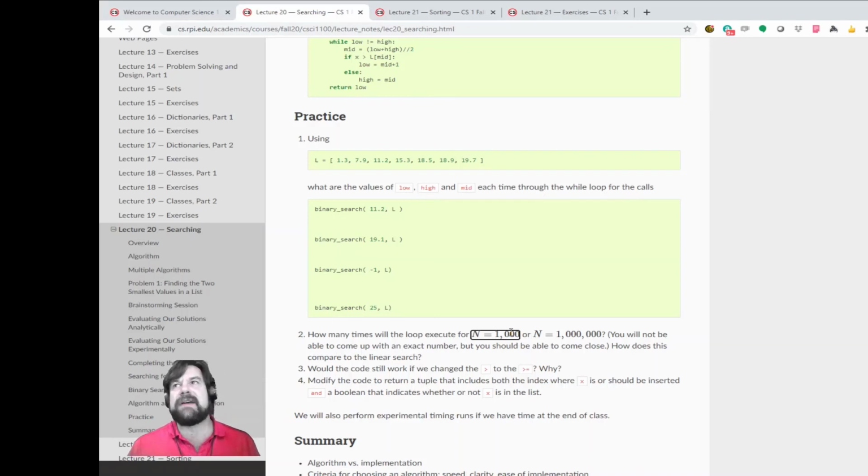If you're making a lot of queries into a list to find out if people are there, binary search is much more efficient. So if you're making on the order of n queries, and a linear search takes order of n time per query, then n queries would take you order of n squared time.